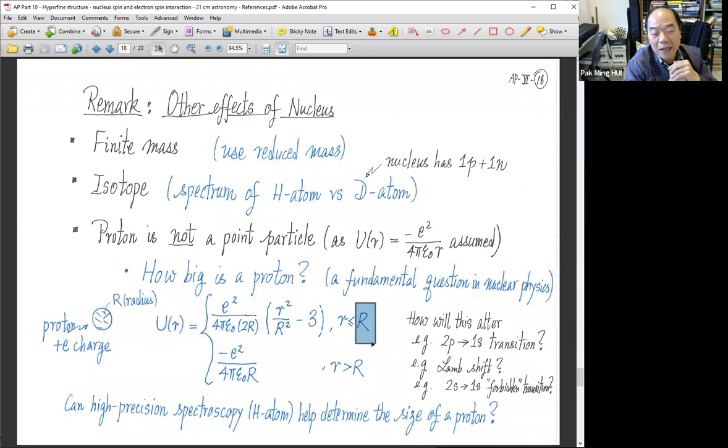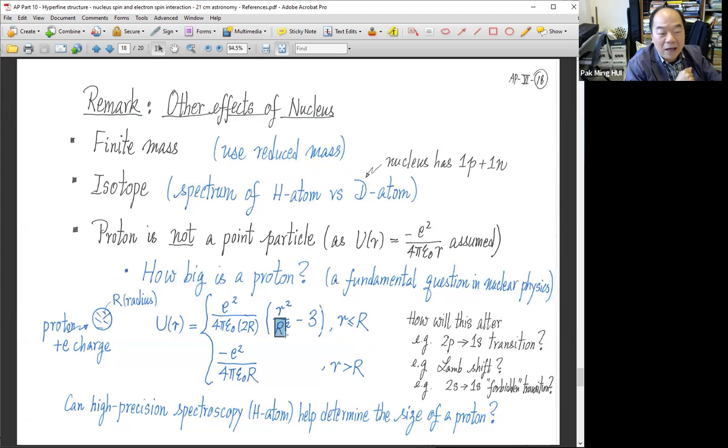Okay, now let me tell you, this is exactly the idea behind using the transition line to determine what is the radius of the proton. That is to say, how big is the proton.